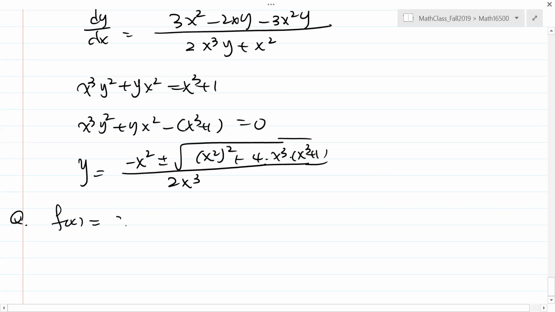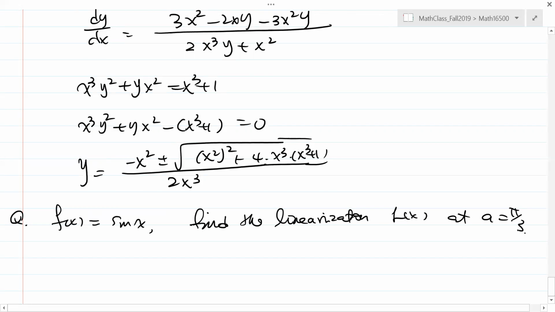f(x) is sine x. Find the linearization at a equals pi over 3.